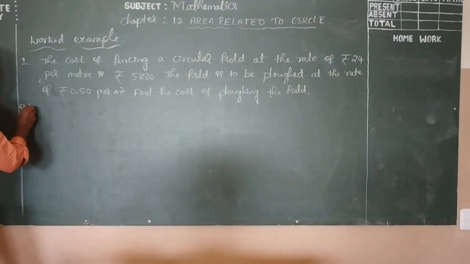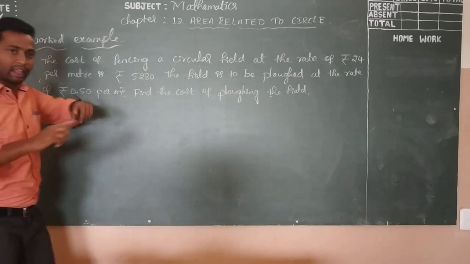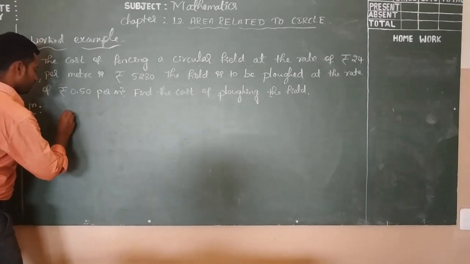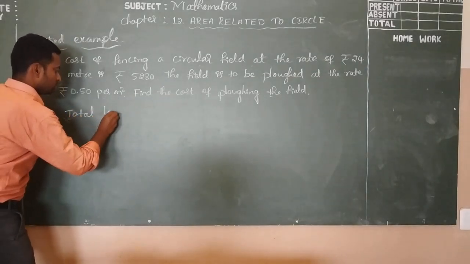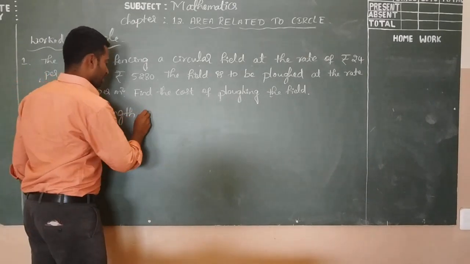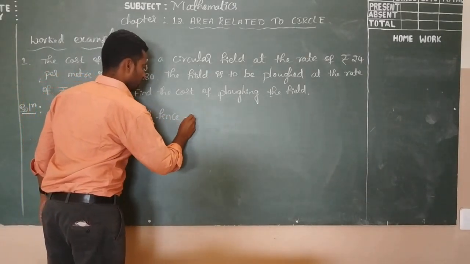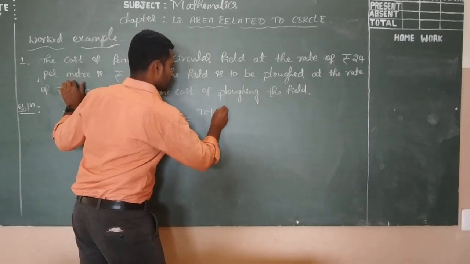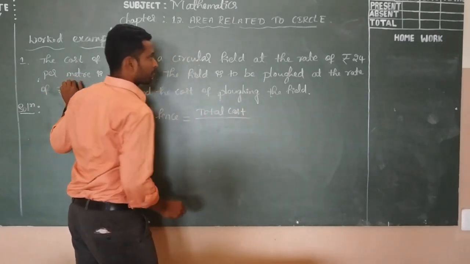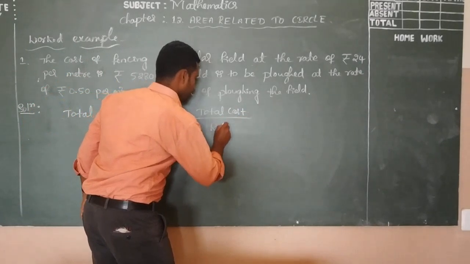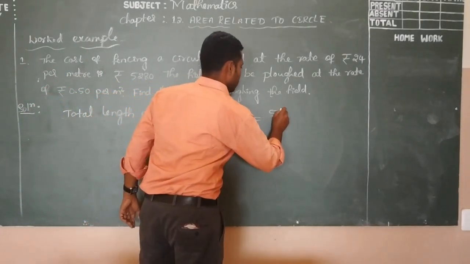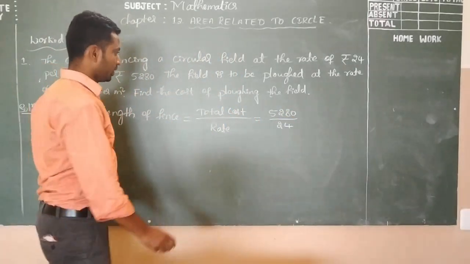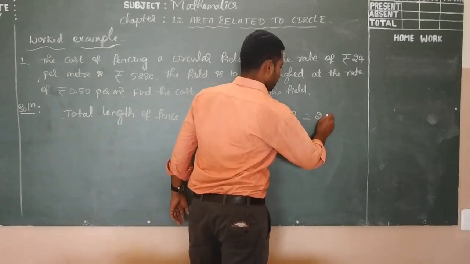Solution. Here the total length of the fence equals the total cost divided by the rate. That means 5,280 by 24, which is 220.